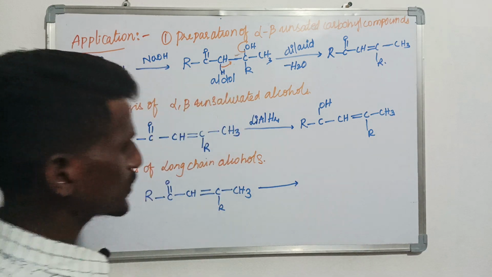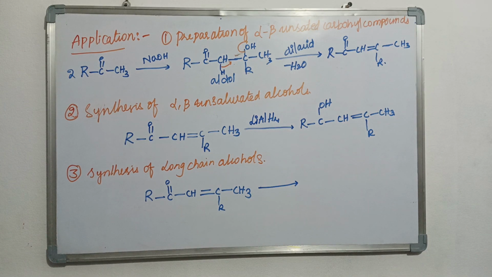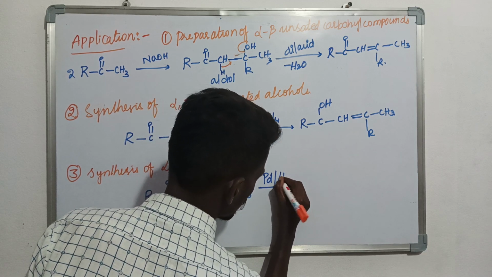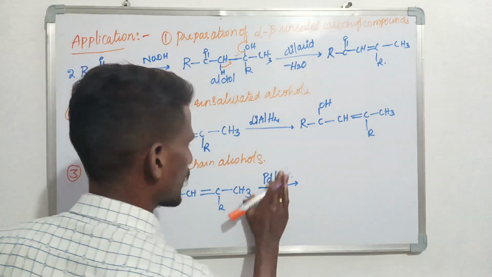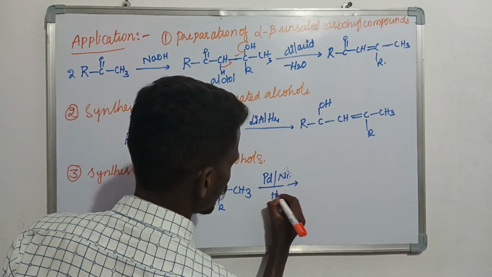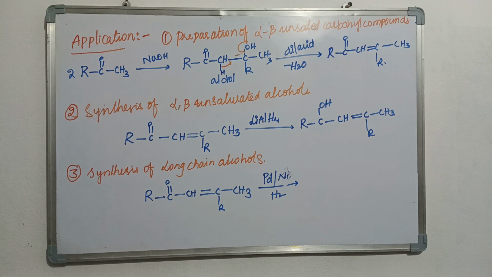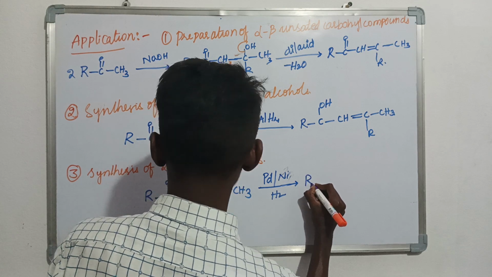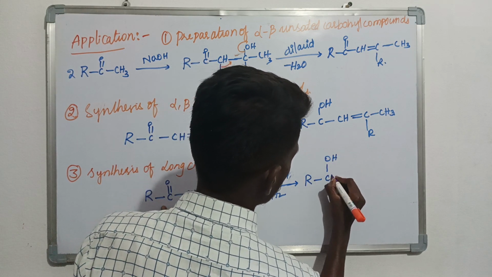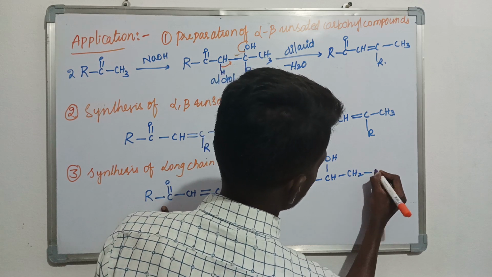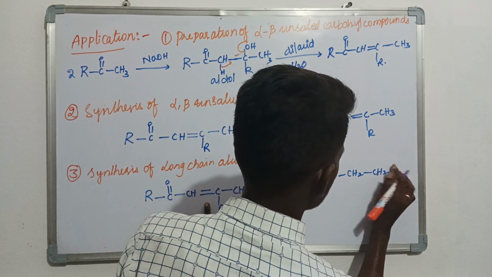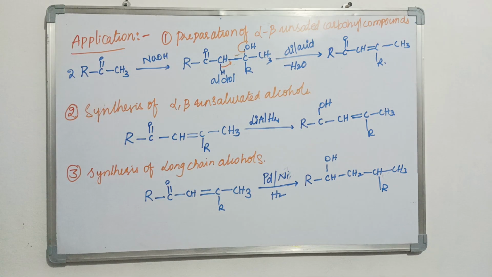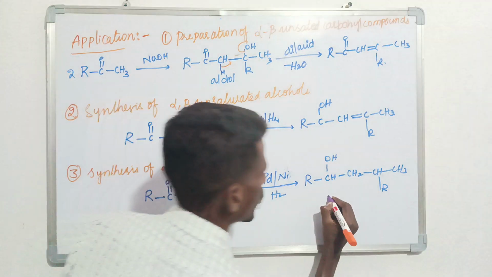undergoes reduction in the presence of palladium and hydrogen, or maybe palladium and nickel. In the presence of this, a hydrogenation reaction will occur, and it will be converted into ROH and H and CH2 CH3 R. So they are converted into alcohols.